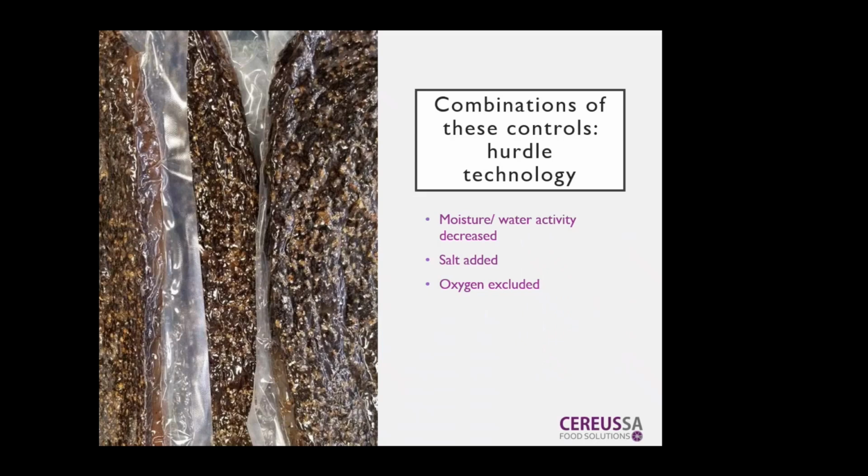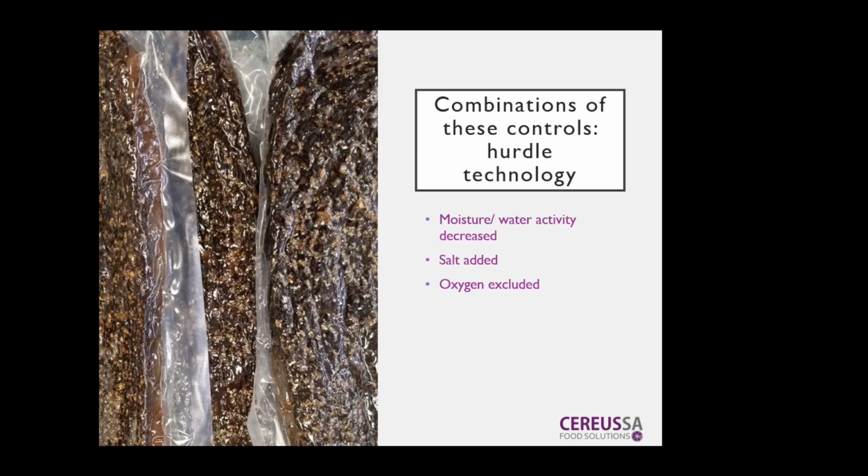We can also apply a combination of these controls. This is called hurdle technology, and a good example of hurdle technology is biltong, which is spiced dried meat that is vacuum packed. Let's have a look at what we've done with biltong. So firstly, we reduced the amount of moisture in the product and therefore reduce the water activity.